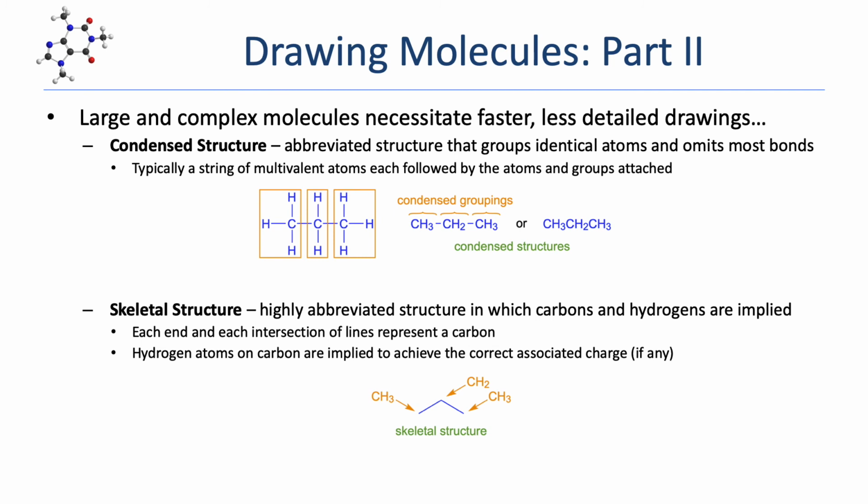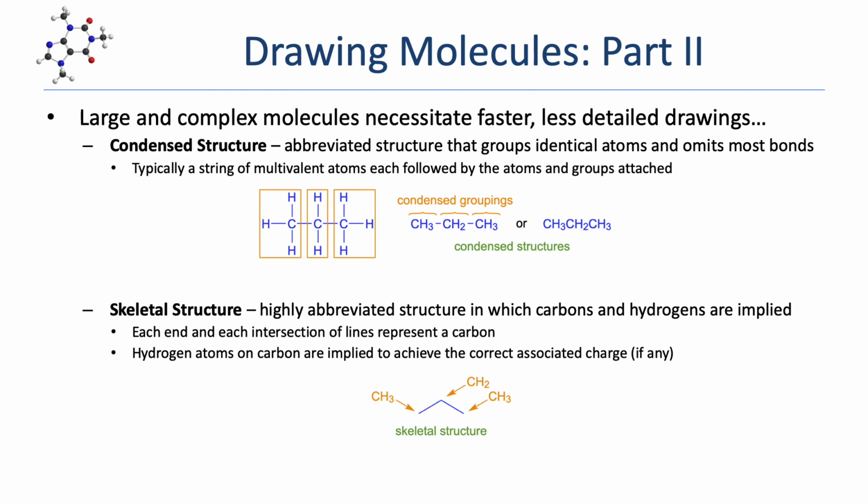But carbon is in the fourth column in the periodic table, so it wants 4 electrons to be neutral. So we imply that there must be 3 hydrogen atoms attached, each contributing 1 electron, therefore giving it 4 total, and therefore being neutral. So that end of the line on the left is actually a CH3.